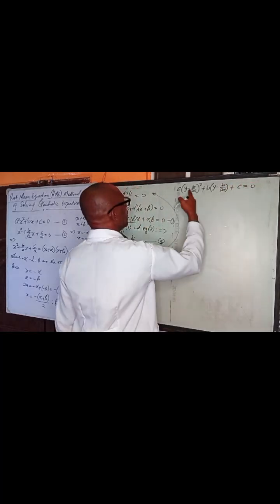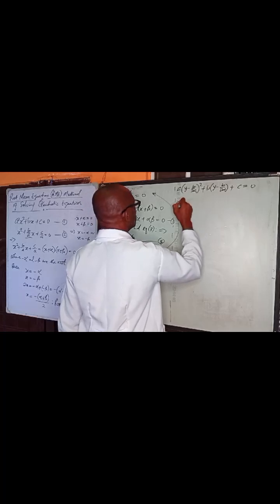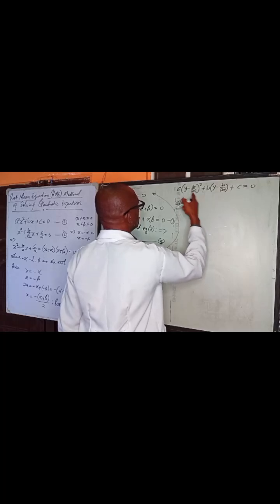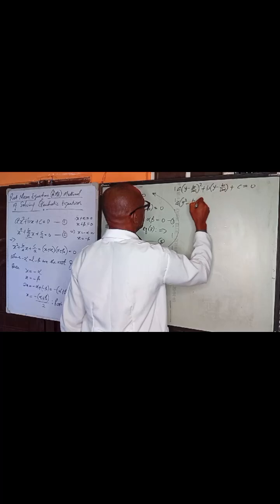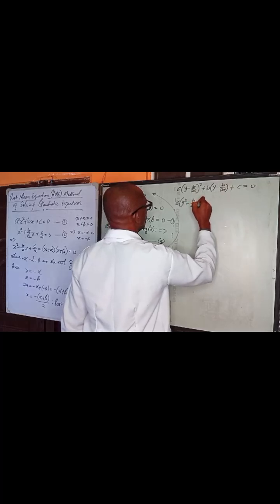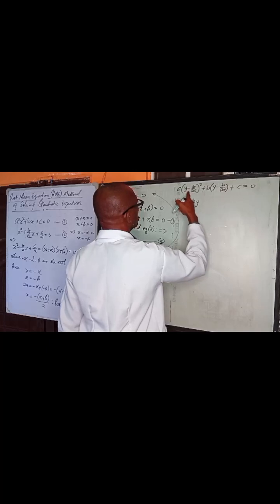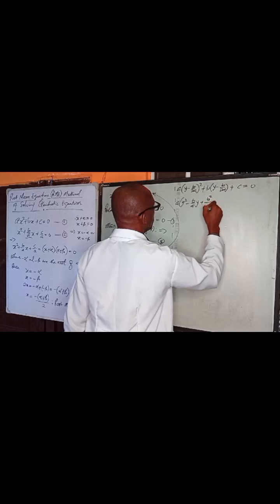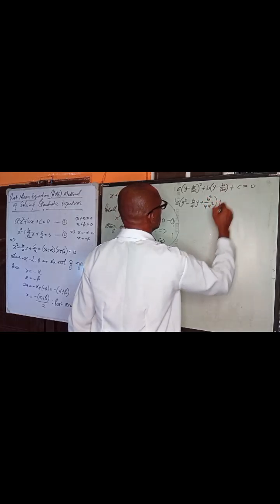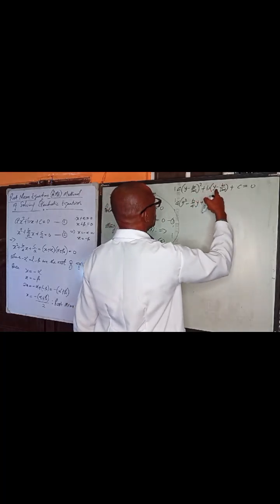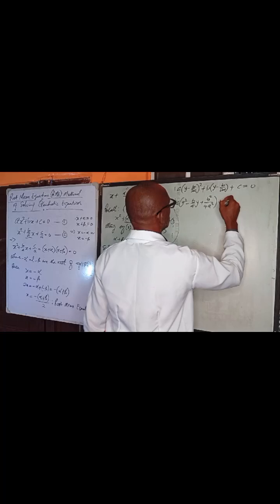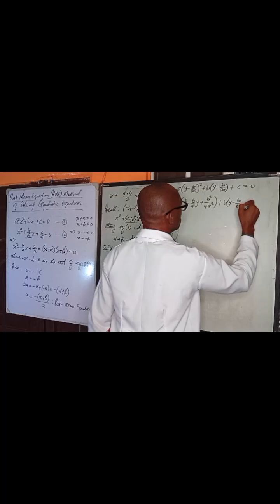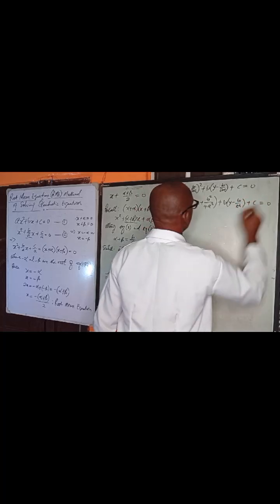If I expand this, I'll have a into y squared minus b over a y, then plus b squared all over 4a squared, plus b into y minus b over 2a, plus c equals 0.